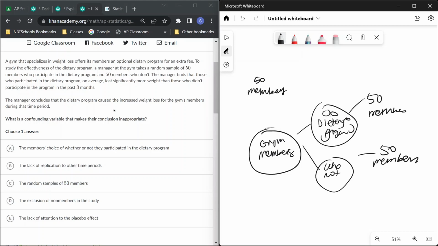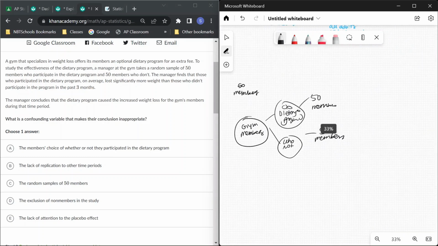The manager concludes that the dietary program caused the increased weight loss. The manager finds that those who participated in the dietary program on average lost significantly more weight than those who didn't.